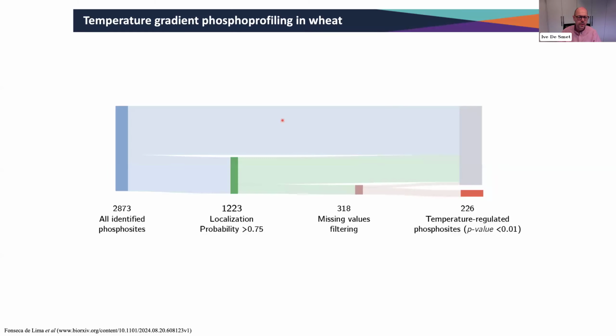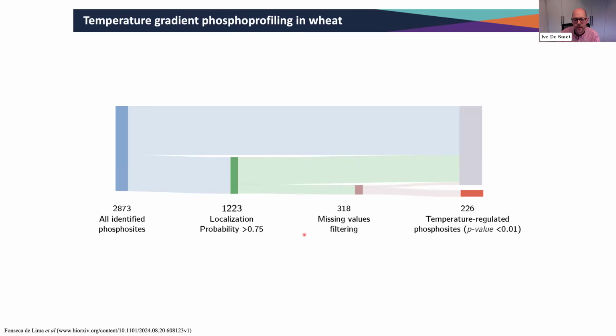Now, when we zoom into the individual phosphosites, the individual peptides that we have been detecting, we filter these for a localization probability above 0.75, which means that computationally, based on mass spec data, the reliability that the phosphorylation has been assigned to a very specific residue is above 0.75.